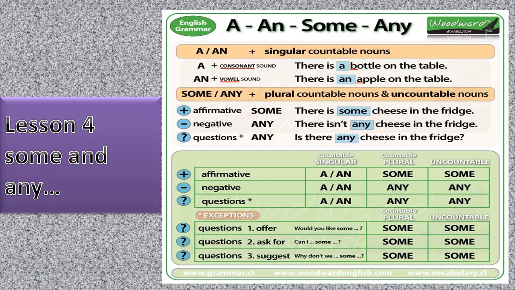Example, there isn't any cheese in the fridge. Or, is there any cheese in the fridge? So, some or any, we use them with plural countable and uncountable nouns. Some with affirmative sentences only, any with negative sentences and questions.